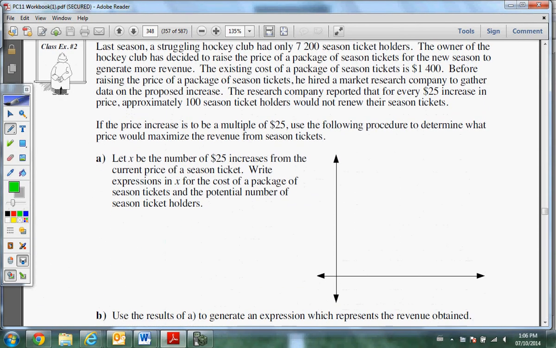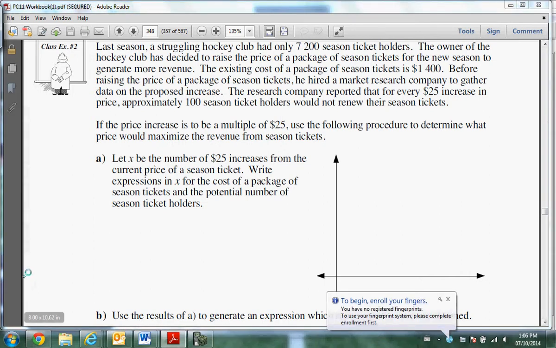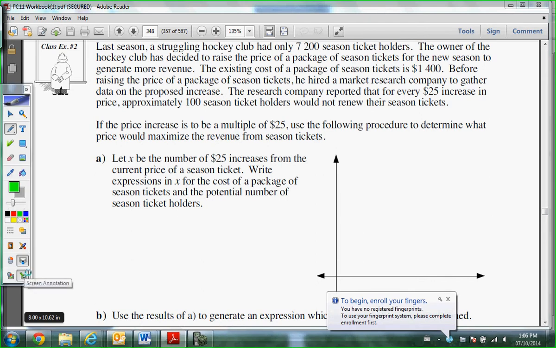All right, so last season, a struggling hockey club had 7,200 season ticket holders. The owner of the hockey club decided to raise the price of a package of season tickets to the new season to generate more revenue. The existing cost of the package of season tickets is $1,400.